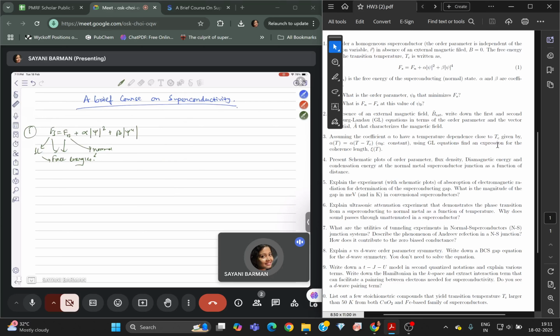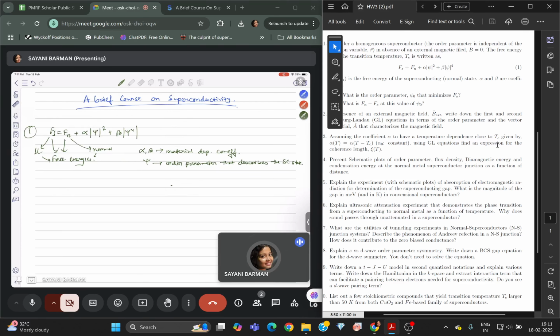Now alpha and beta are the material dependent coefficients, and psi is the order parameter that describes the superconducting state.